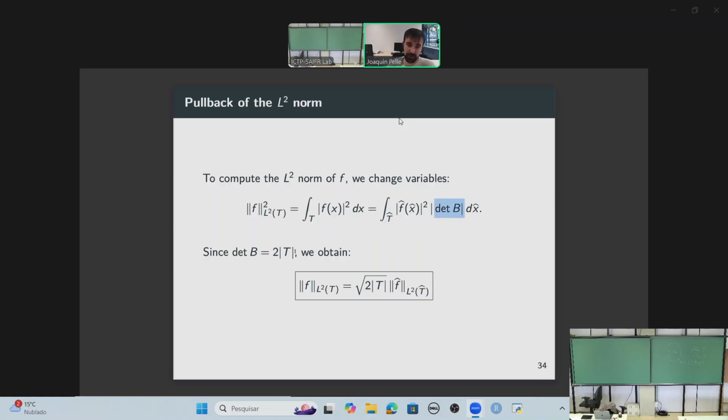And we saw that it was equal to 2 times the area of the reference triangle. So now we know how the norm of a function is translated from one side to the other of the mapping. Essentially, we have that the norm here is the square root of 2 times the area of the triangle times the norm in the reference triangle.